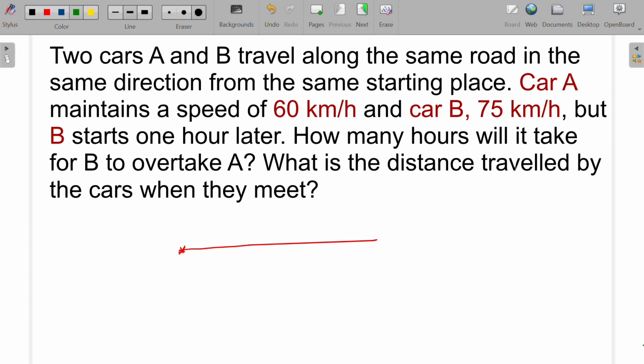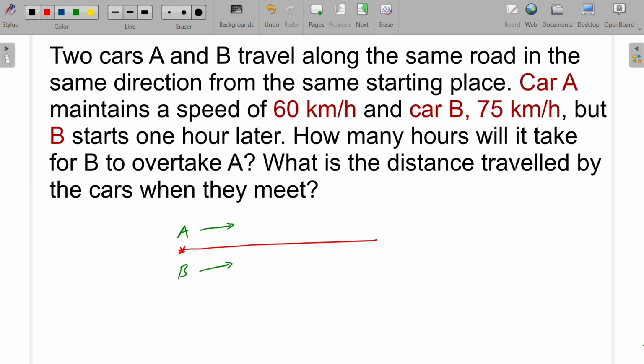And we have car A and car B at this starting point. So let's put car A there and let's put car B here. So we have these two cars. They are all starting at the same place and they are moving in the same direction. So this is going in this direction. Car B is also going in the same direction.